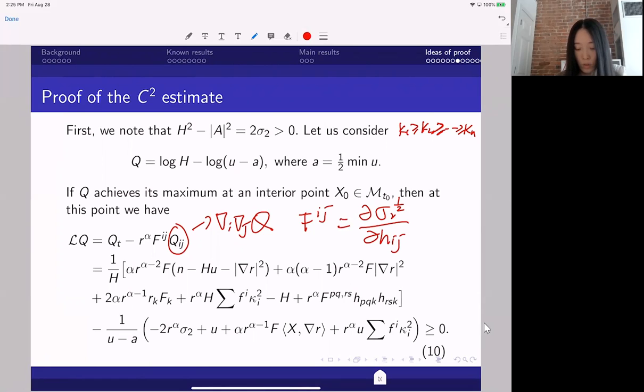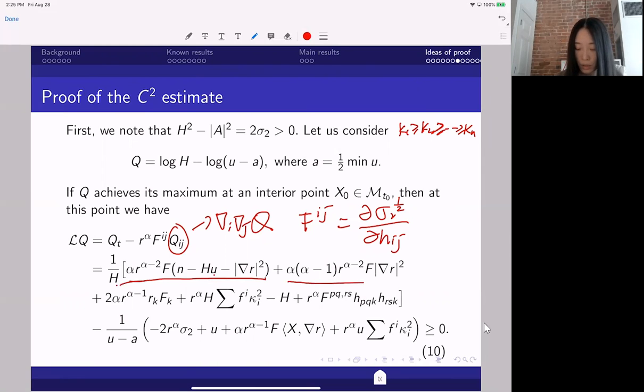The right-hand side looks very long, very complicated, but we can easily see that this term is bounded because R is bounded, F, which is sigma 2 to the 1 over 2, is bounded, U is bounded, and gradient R is bounded. H we don't know, but here it is divided by H, so this whole term is under control.